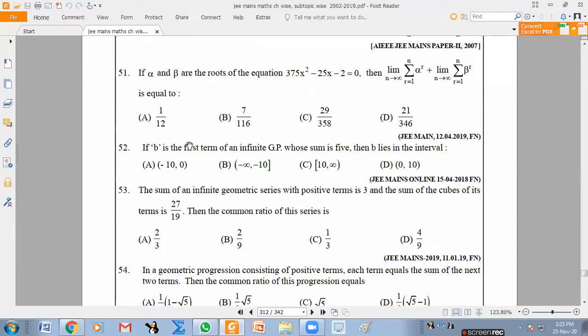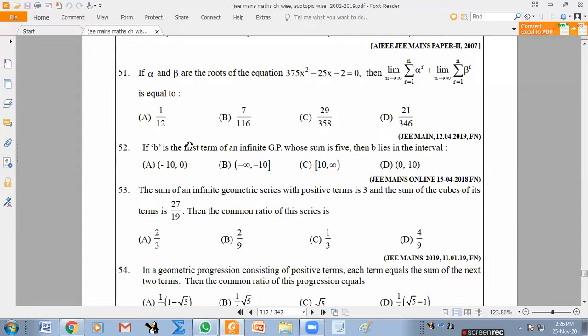Alpha, beta are roots of a quadratic equation, and limit n tends to infinity of this one and this one. Both are you hearing some resound, or is the voice okay? All right. So basically it's an infinite GP. Alpha is between -1 and 1, beta is also between -1 and 1. It has to be, otherwise the question will be wrong.